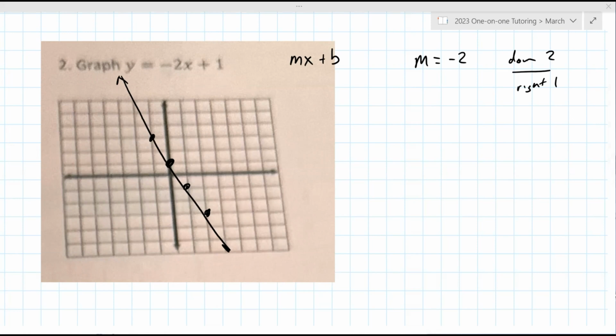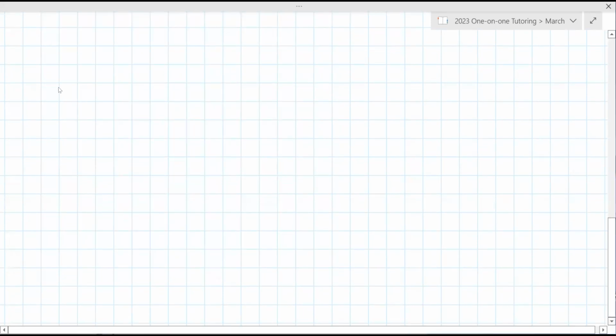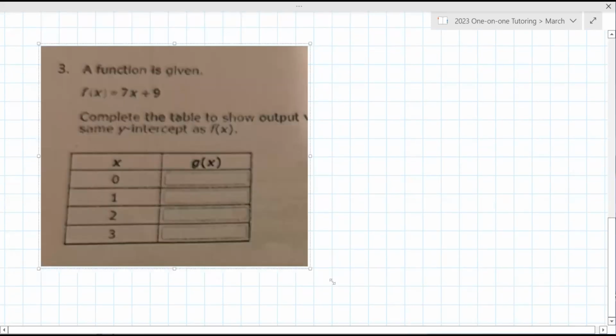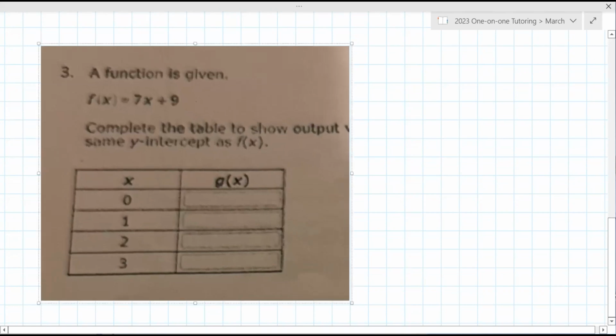Nope. All right. So I guess maybe you guys are starting to talk about functions a little bit here. Functions really are the same as y equals. You can really treat this f of x as a y.